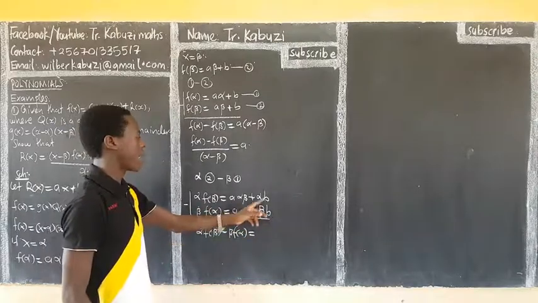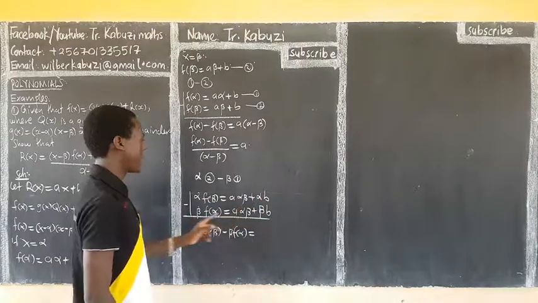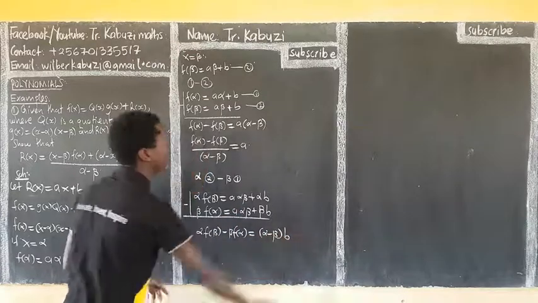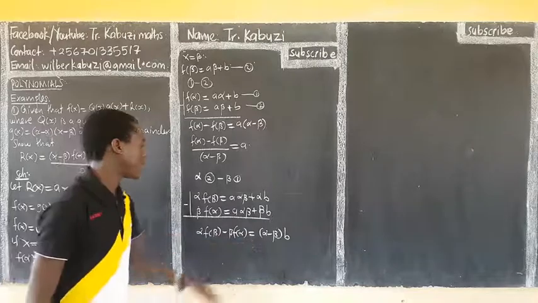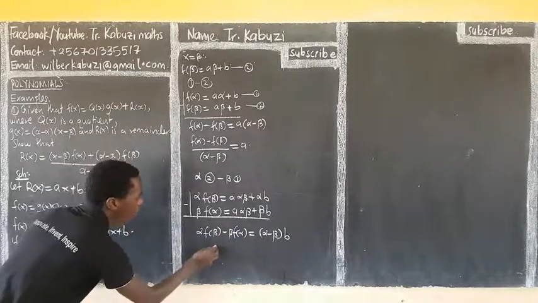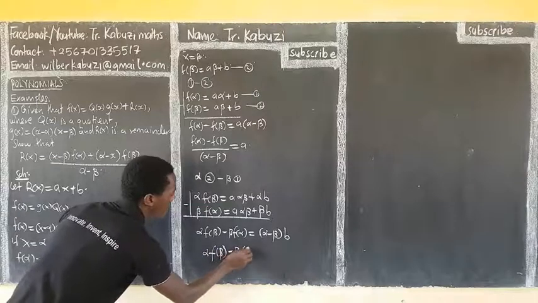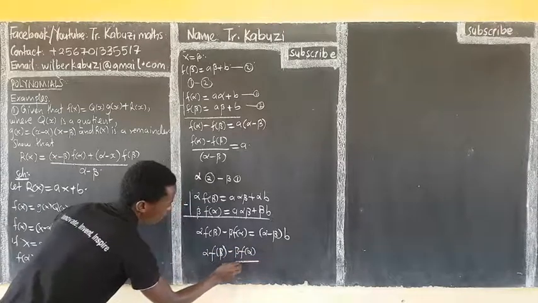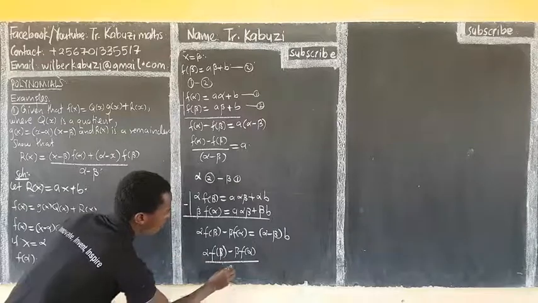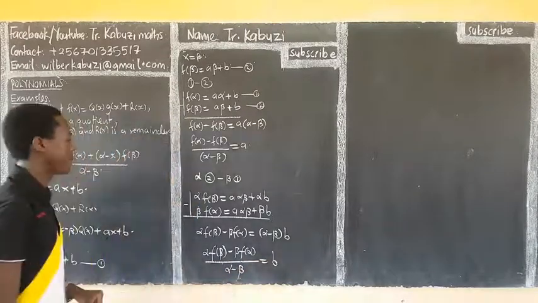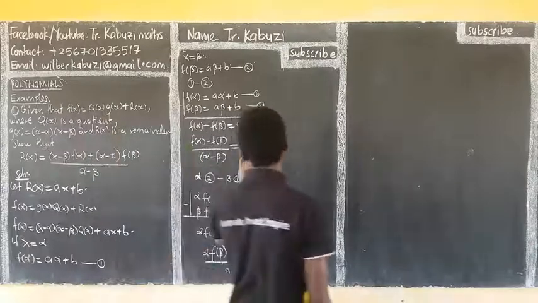So here b is common, so I get alpha minus beta into b. To make b the subject, alpha f of beta minus beta f of alpha divided through by alpha minus beta equals b. Now I have a, I have b.